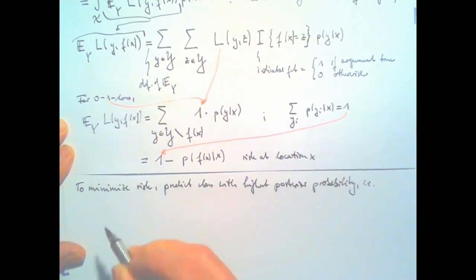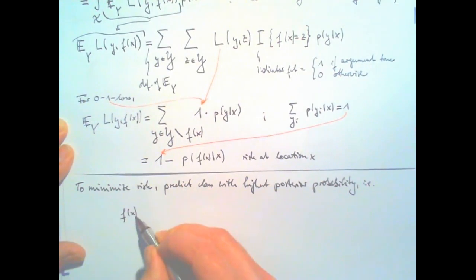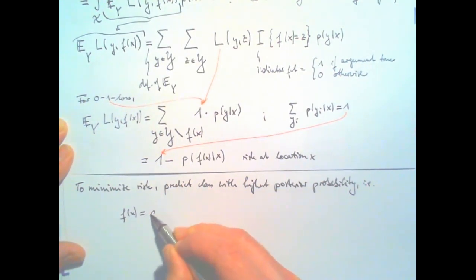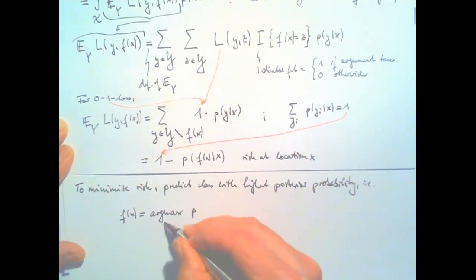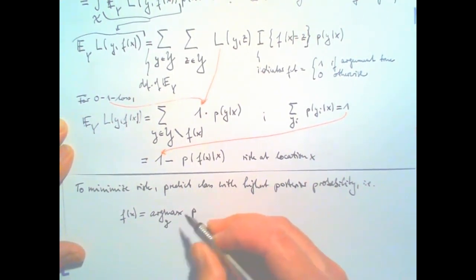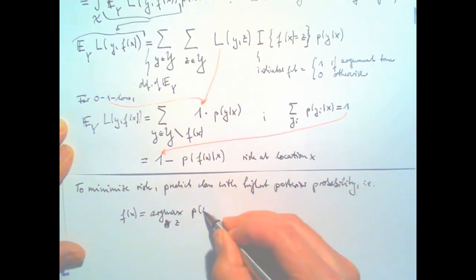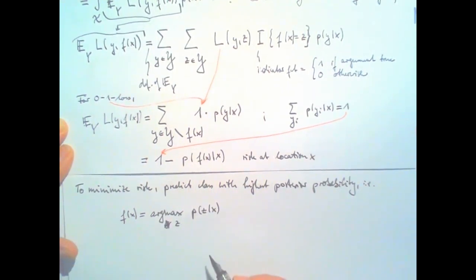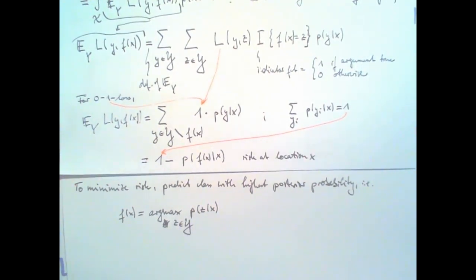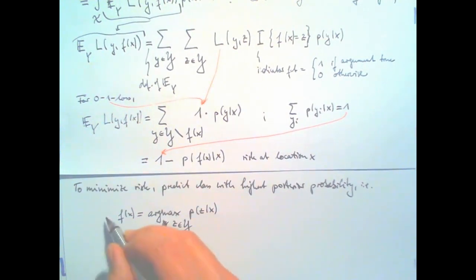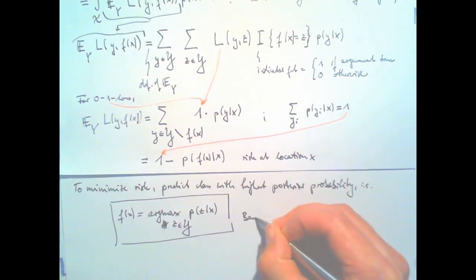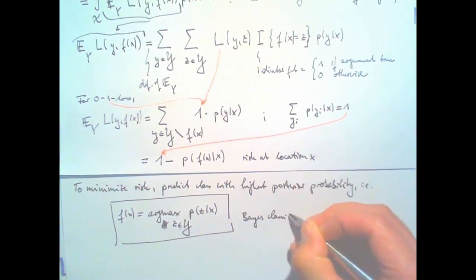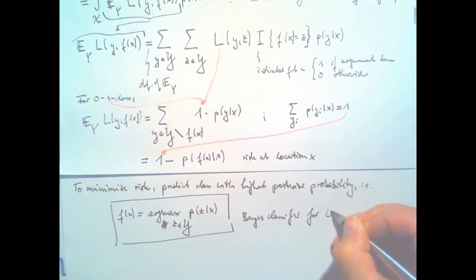That is, f of x should be the maximizer over z, where z are the different classes, the different labels. So this thing here is the Bayes classifier for the 0-1 loss function.